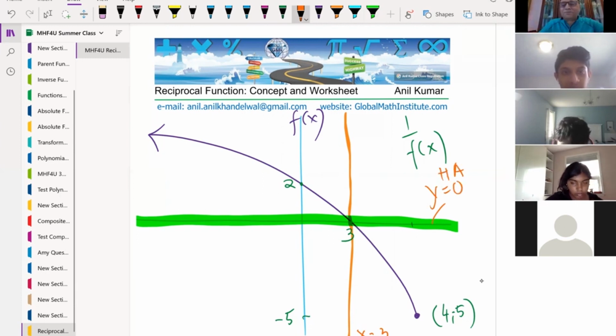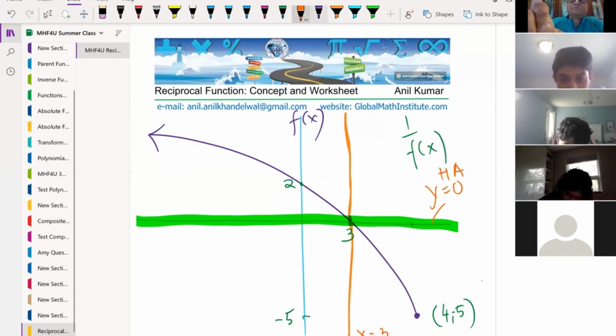Correct? Third. And then after that, you have a point at 2, right? So that would be your y-intercept. So now your point would be 1 over 2. Correct. Very good. Half. So now we are plotting the points which we are going to connect, right? Another point, 4, minus 5. Where will this go?